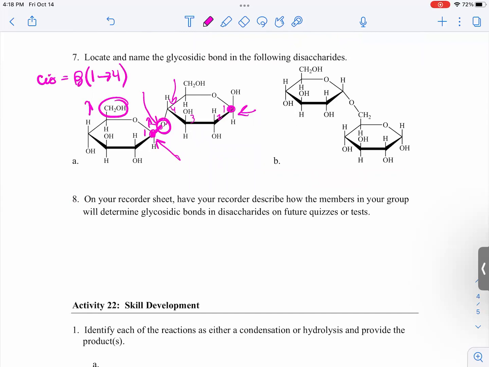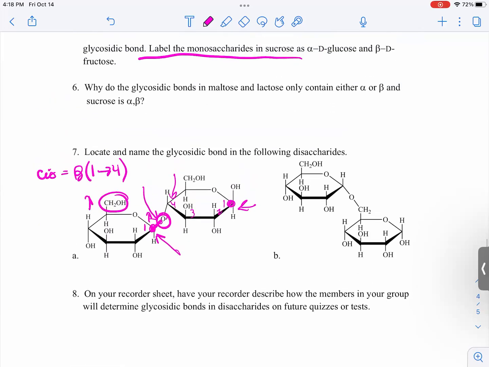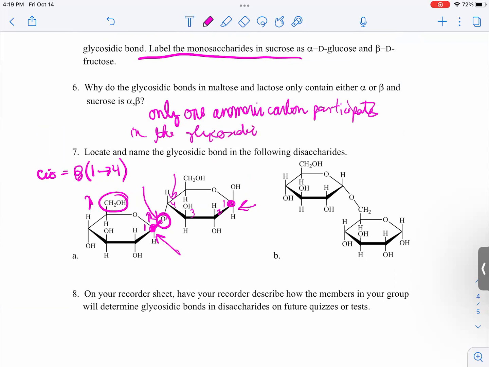Okay. I think we might have forgotten to answer number 6. Why do the glycosidic bonds in maltose and lactose only contain either alpha or beta, and sucrose is alpha beta? Well, so only one anomeric carbon participates in the glycosidic bond, right?